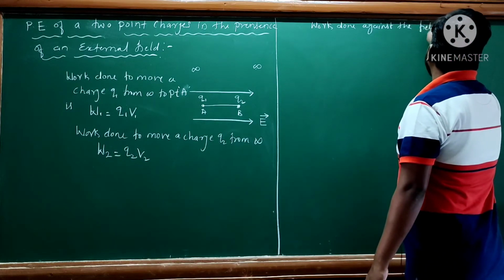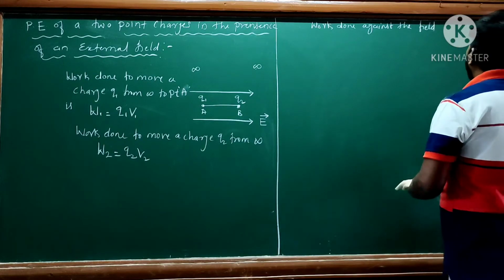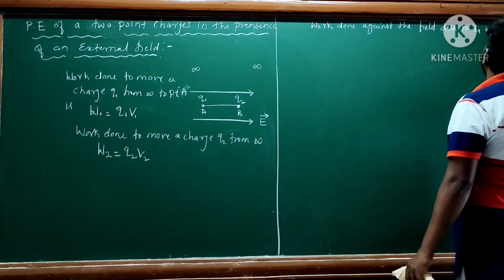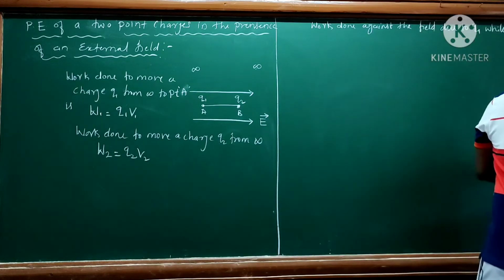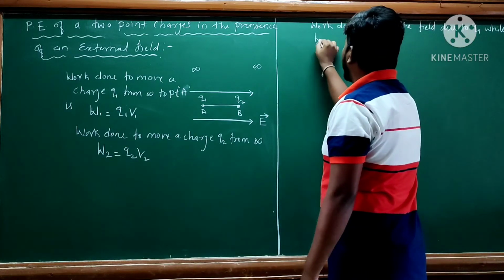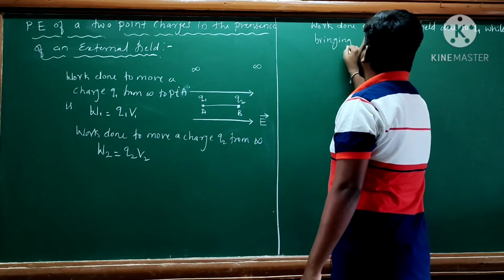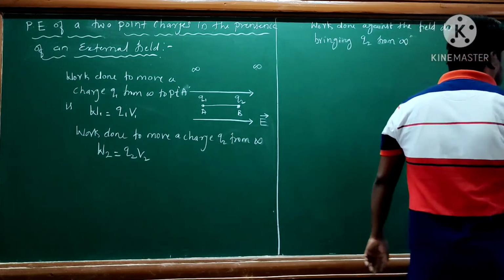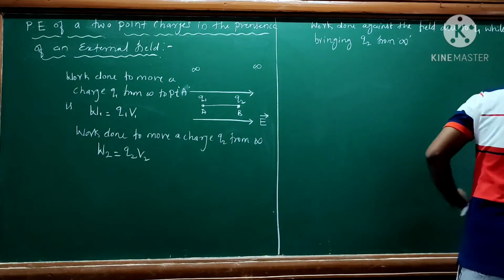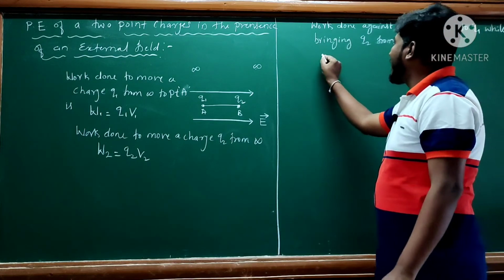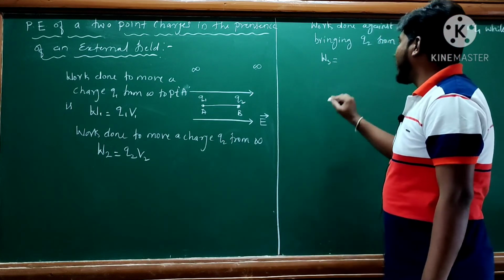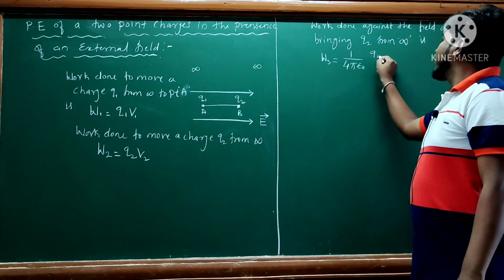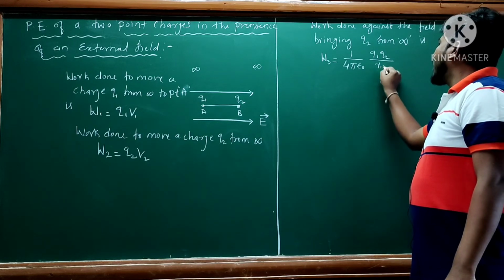Using that concept, we can write that work done against the field due to Q1 while bringing Q2 from infinity is given by W3, which is equal to 1 divided by 4 pi epsilon naught Q1 Q2 divided by R12.